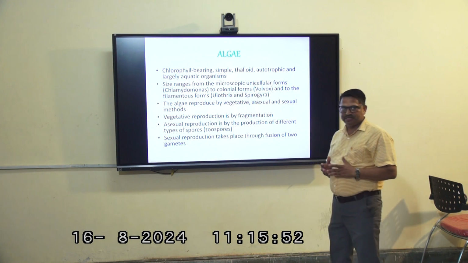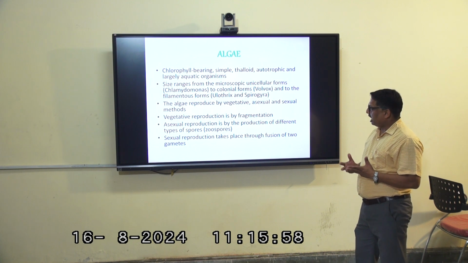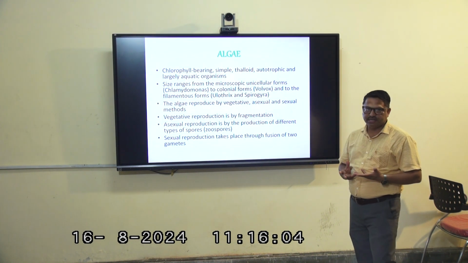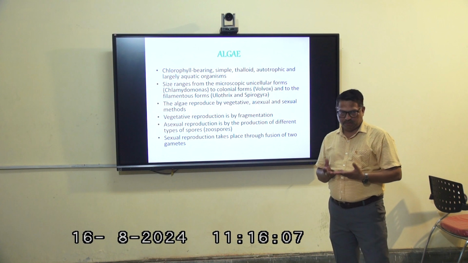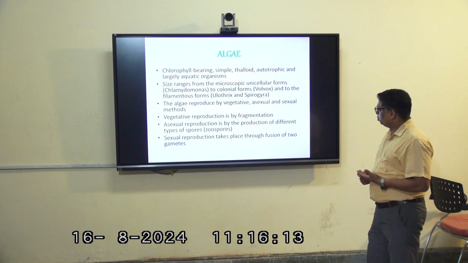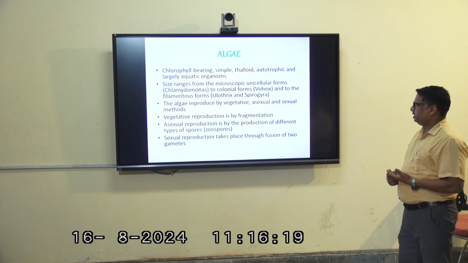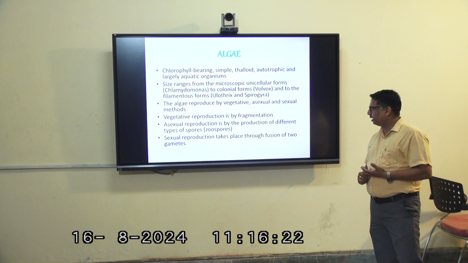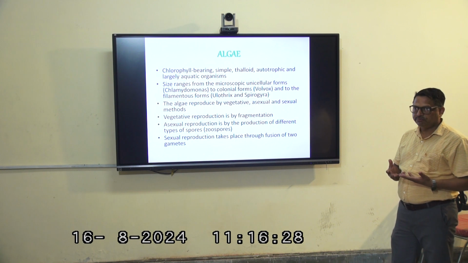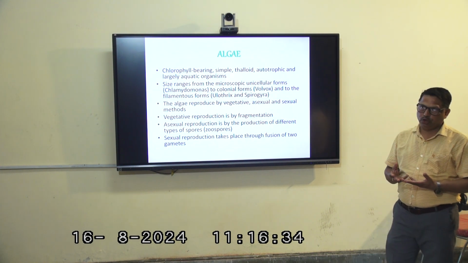Secondly, when I talk about the forms of occurrence, in the form of the average range, the size ranges from the microscopic unicellular form, and a very common example is Chlamydomonas, to the colonial form, where Volvox is an instance of such category, and to the filamentous form, where Ulothrix and Spirogyra are excellent examples. Likewise, other forms exist in nature, such as the Rhodophyceae, which have a significant role in the laboratory.